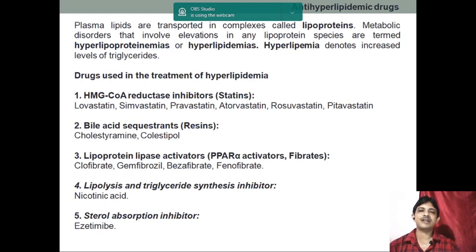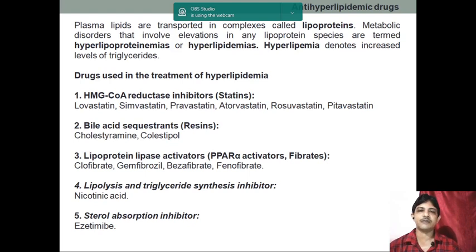Now, what are the different drugs used in the treatment of hyperlipidemia? The first one is the statins, or HMG-CoA reductase inhibitors. The different types of statins are atorvastatin, lovastatin and simvastatin.